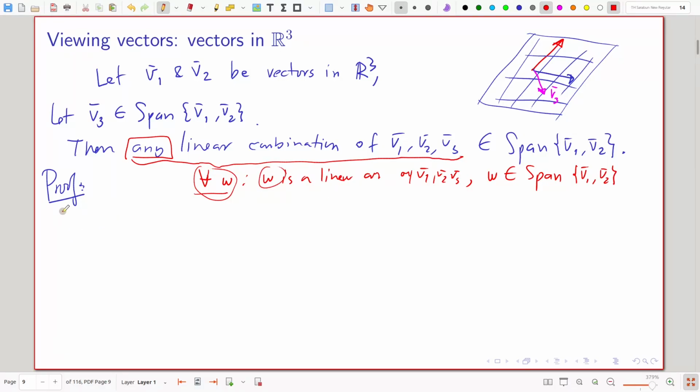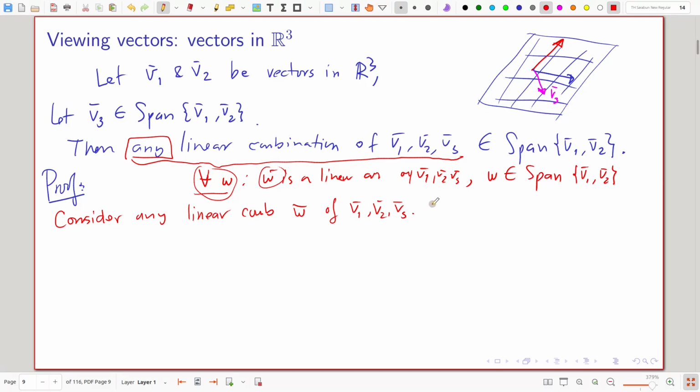So let's consider any linear combination W of V1, V2, V3. So W is a linear combination of V1, V2, V3. Okay, by definition, if W is a linear combination of V1, V2, V3, then what can we say about W?